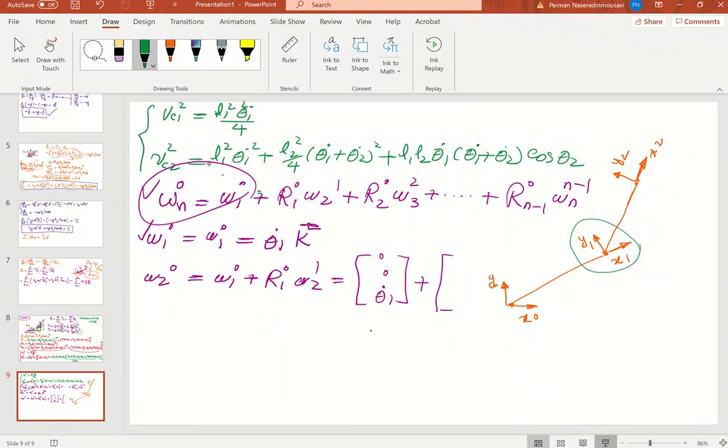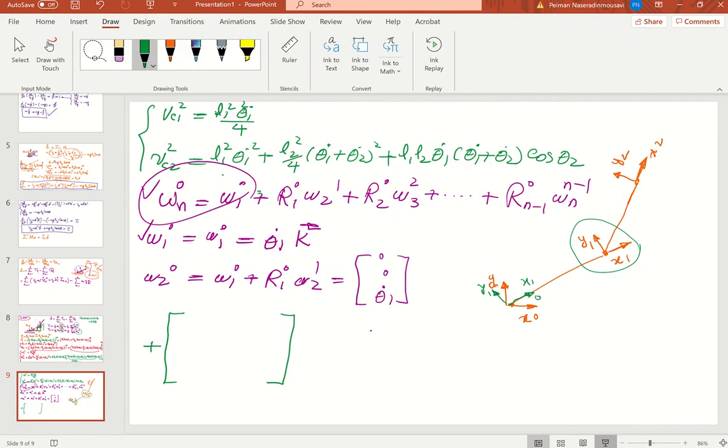Or system 1 with respect to 0 means, if you transfer it here, remember here is x1 y1 0. I'm just writing here plus r1 with respect to 0.